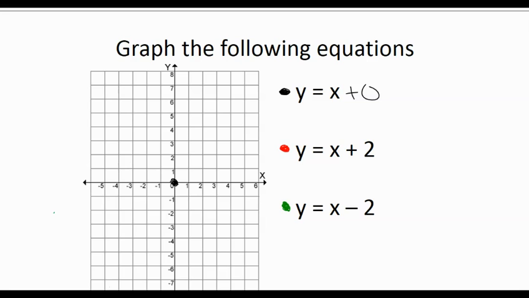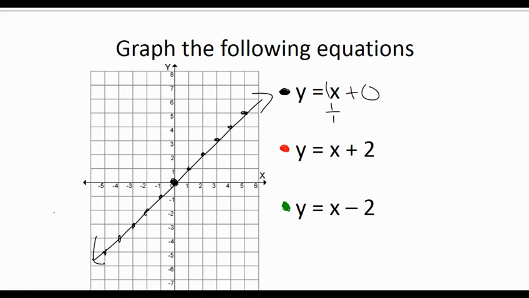Now I'm going to look at my slope here. What number's in front of the x? There's nothing. That's the same idea as a 1. So this is the same as 1 over 1. That's just up 1, right 1. Also can go down 1, left 1. And we've successfully graphed it.